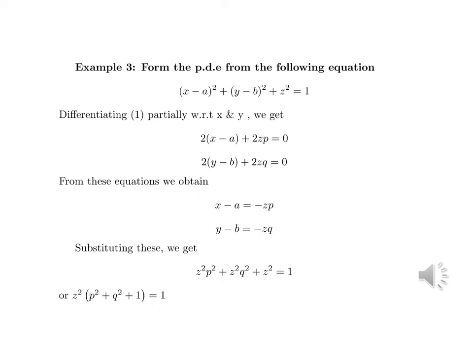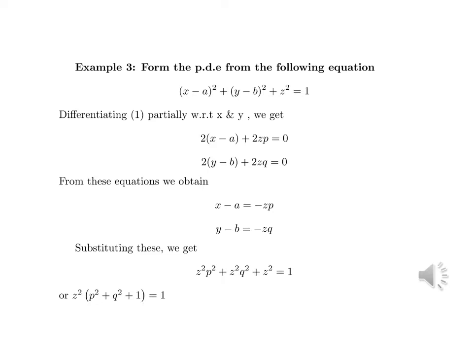Now see another example. We have to form a partial differential equation from the given equation by eliminating arbitrary constants a and b. Here the equation given was x minus a whole square plus y minus b whole square plus z square equal to 1. So now we partially differentiate with respect to x and y.